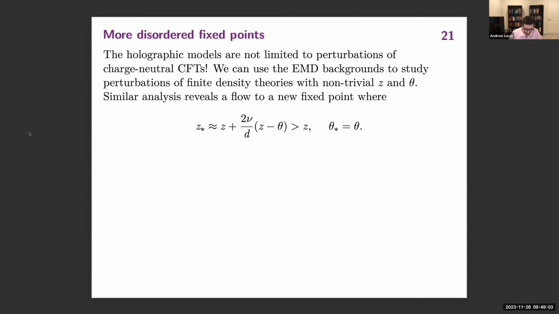Okay. On the disordered fixed points in holography, we can also, at long last, go beyond the charge-neutral CFT, and we can do this same calculation now in an EMD background with non-trivial z and theta, as well as at finite charge density. And we do the same kinds of analyses that we've done, and we show that there's a flow to a new fixed point where the IR Lifshitz exponent, the dynamical critical exponent z, increases by an amount proportional to nu, and hyperscaling exponent theta doesn't change, at least for these EMD models here.